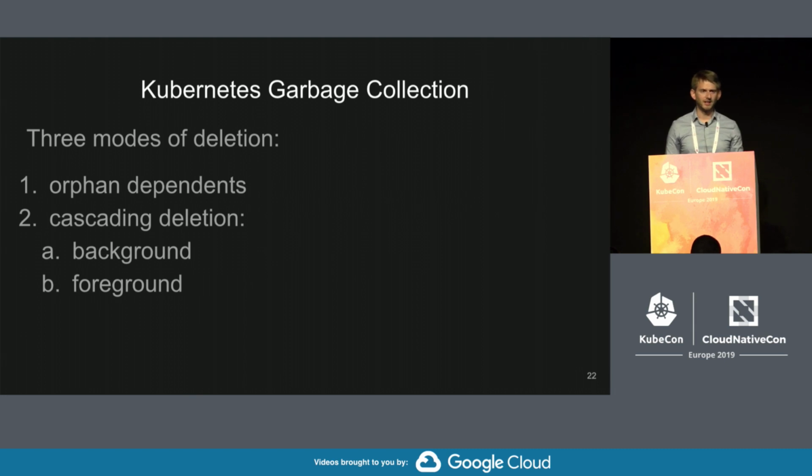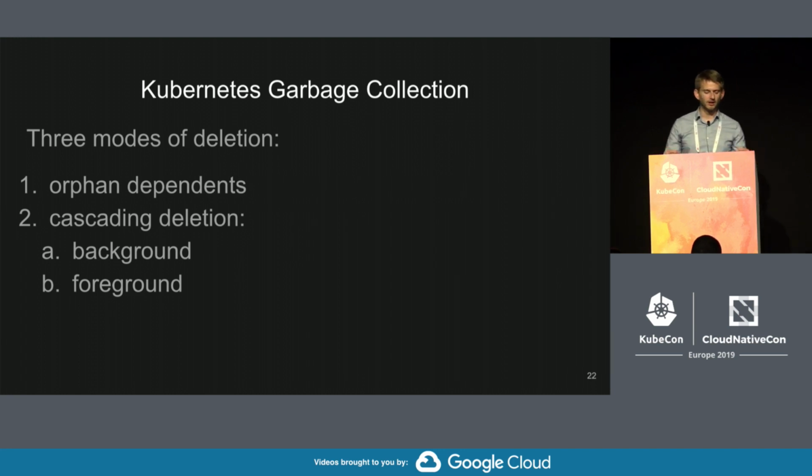Or you want cascading deletion, which is if I delete the foo object, my intention is to also delete the deployment. This can be done either in the background or in the foreground, and that is done by the garbage collection controller. The garbage collection controller is a generic Kubernetes controller that maintains a graph of owner-dependent relationships.